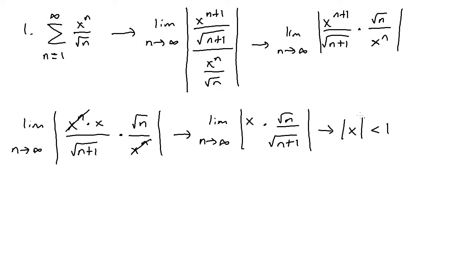In order to get rid of the absolute value and solve for x, all we have to do is put it in this form, where we put the negative version and the positive version. So x has to be greater than negative 1 and less than 1. So that's how we remove an absolute value.